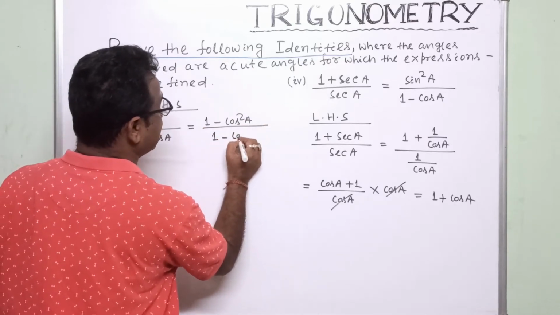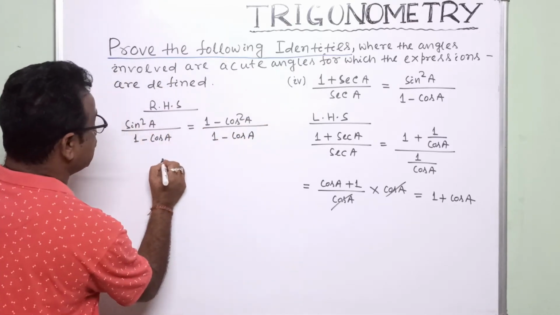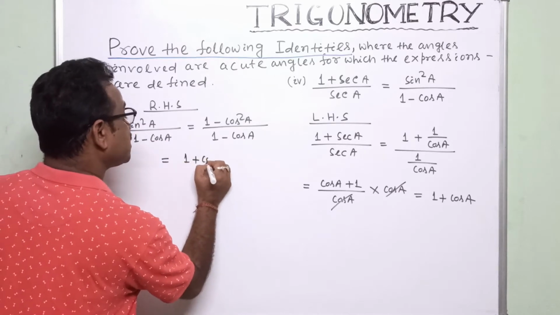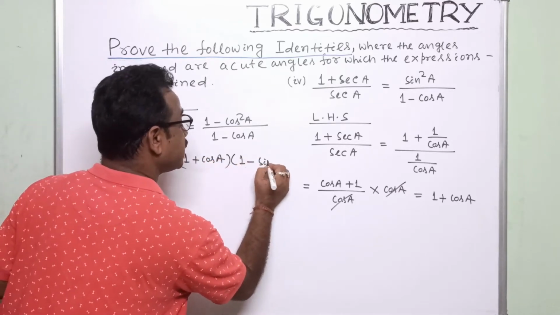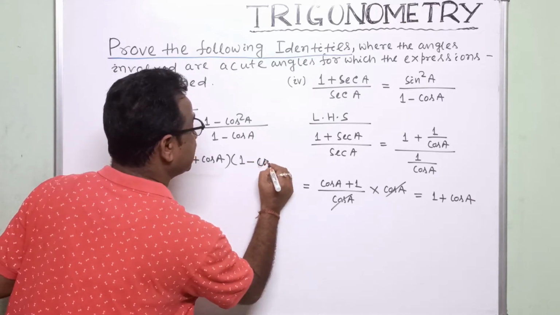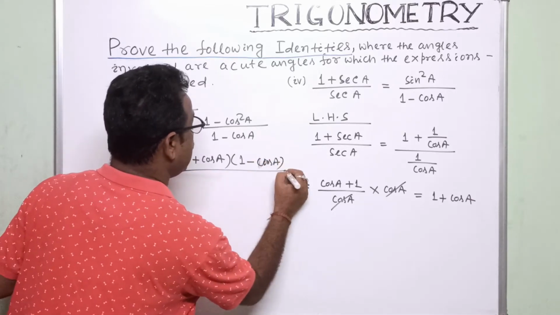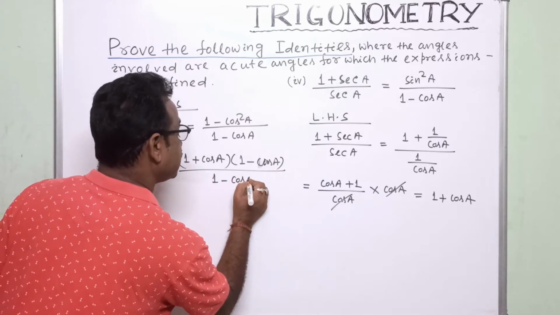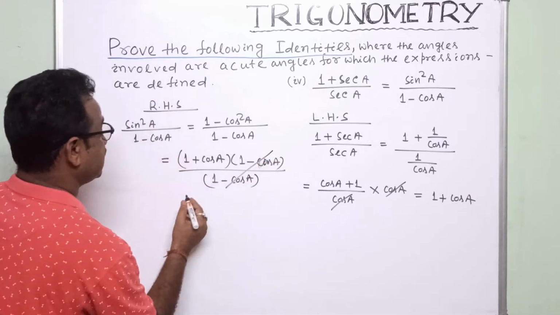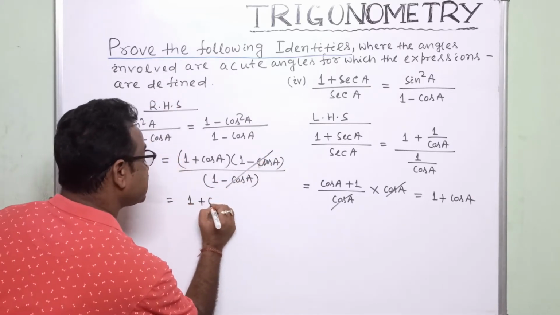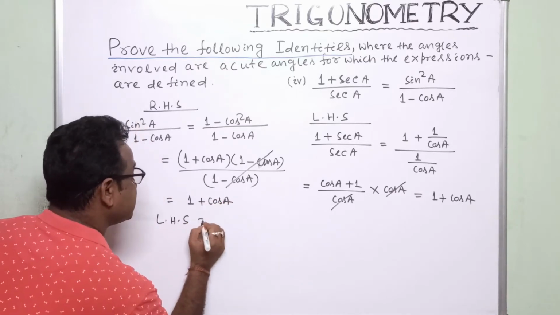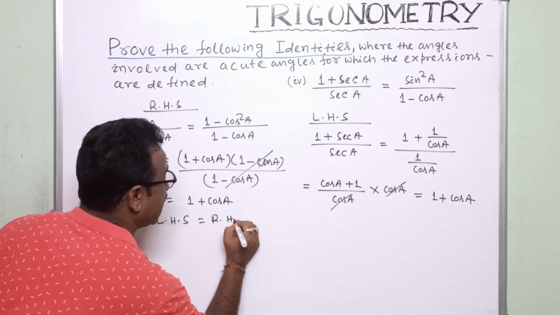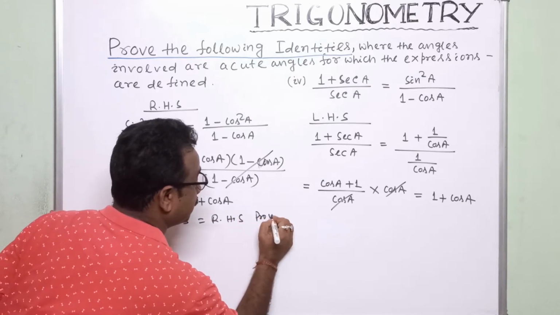So that is equal to (1 plus cos A) into (1 minus cos A) by (1 minus cos A). Now 1 minus cos A cancels. That is equal to 1 plus cos A. So LHS is equal to RHS, proved.